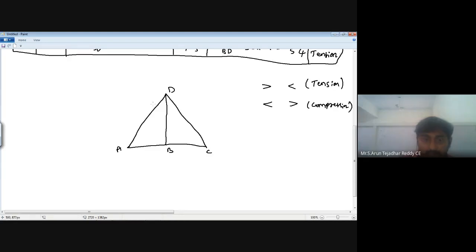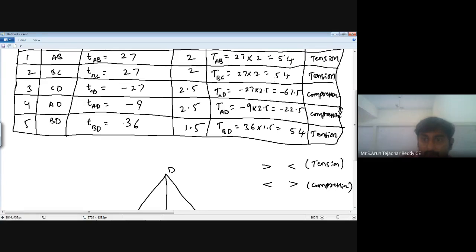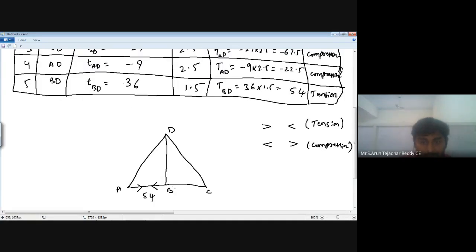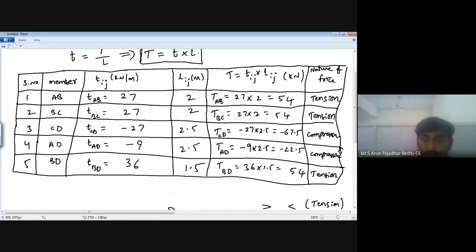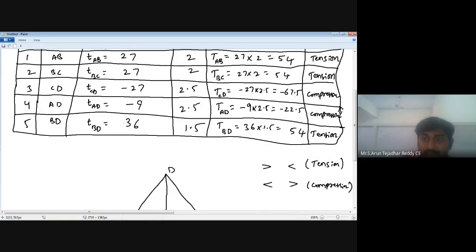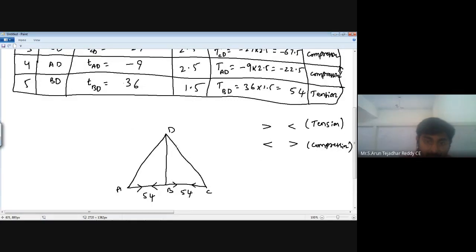AB we got tension, that is 54. Next BC also positive 54. CD minus 67.5. AD minus 22.5. BD 54.